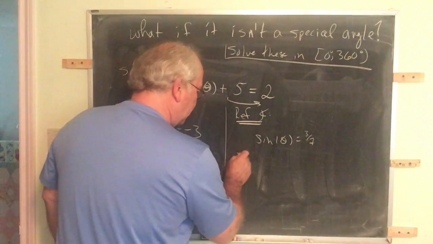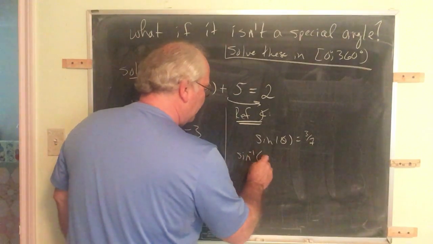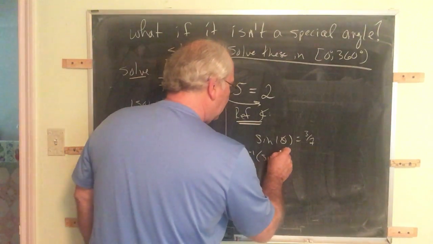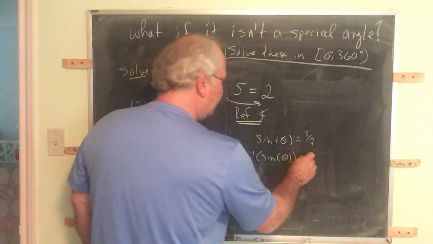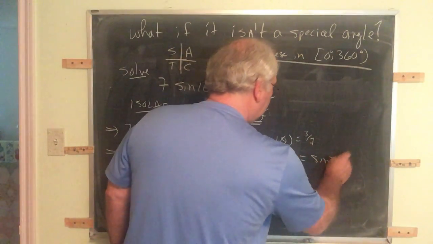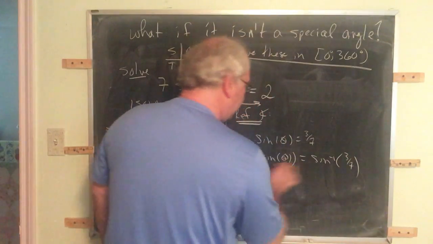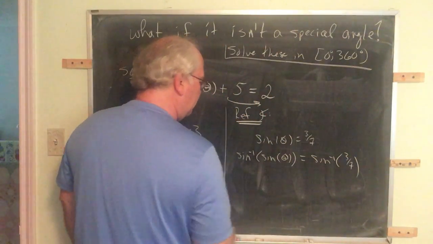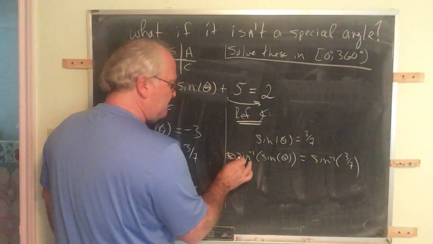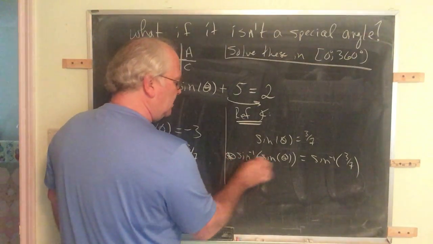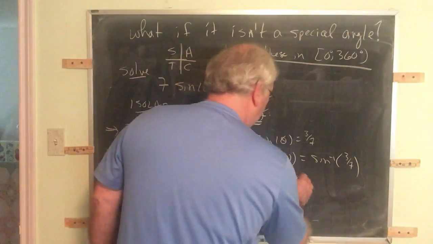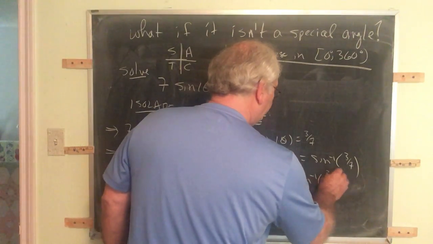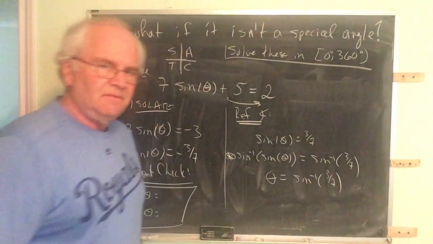You don't have to write this every time, but this is what's happening: we take sine inverse of both sides of this equation. You do not need to write this piece out because you know this is going to cancel. On the left-hand side, we have theta is equal to sine inverse of 3/7.